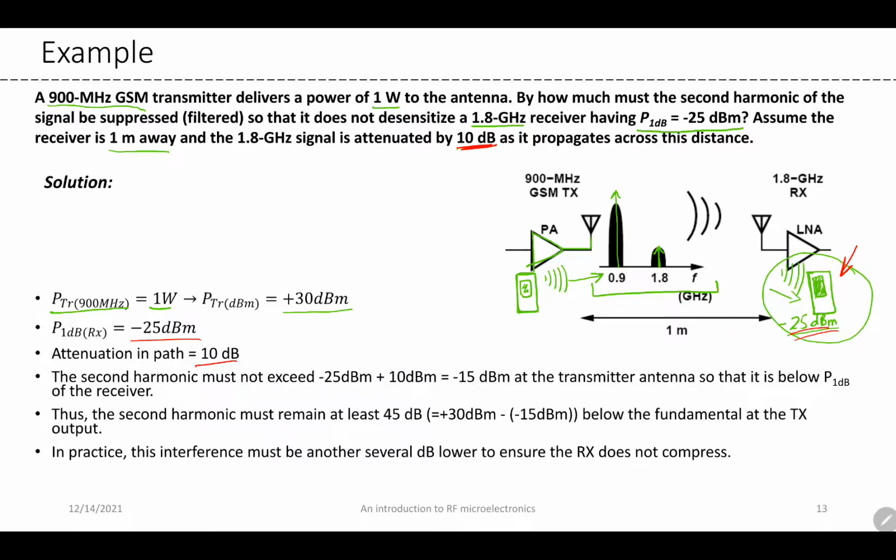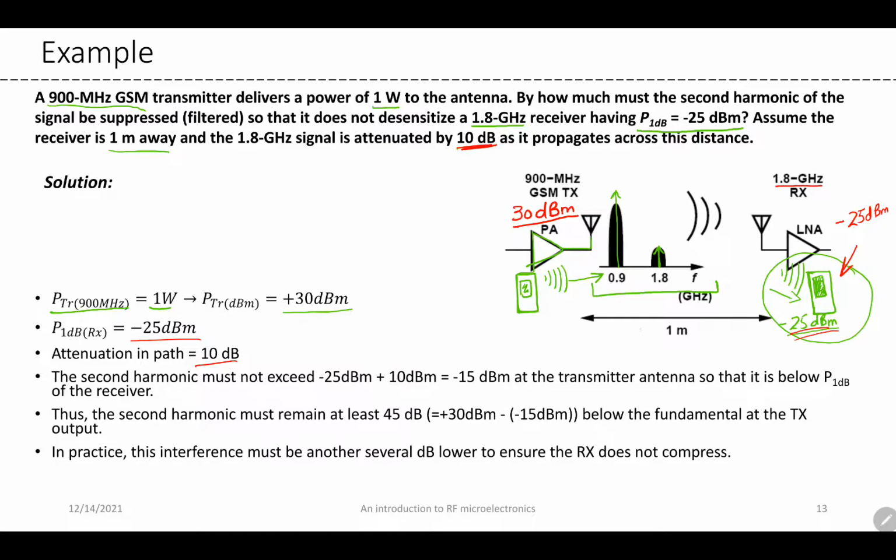We generate 30 dBm at the source, and there's a 10 dB attenuation. We require that the input in the 1.8 gigahertz band should not be higher than minus 25 dBm, because otherwise it will drive this receiver into compression.